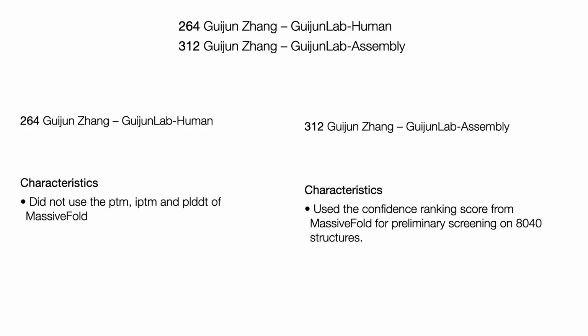Here, from corresponding a little bit via email, the information I have is that Guijun Lab Assembly is using IPTM. So this was a little bit my question: are the top groups here still using some form of IPTM or PTM, and so ending up at the top because essentially there's some leakage from the AlphaFold 2 metrics? But from my understanding, Guijun Lab Assembly is using IPTM only for a preliminary screening, and actually Guijun Lab Human should not be using PTM or IPTM or pLDDT at all.